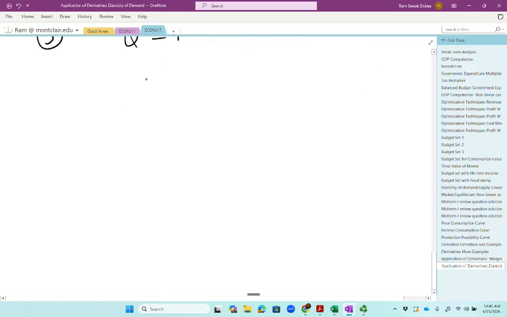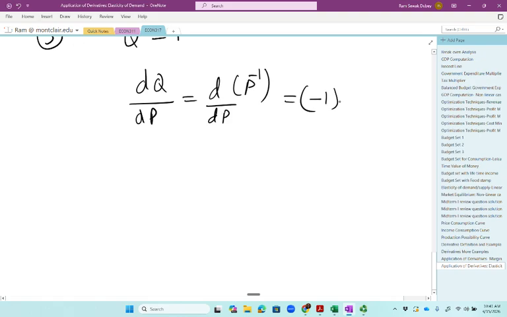Okay, so first find out the derivative of Q with respect to P, which is the derivative of P to the power negative 1. We know this will turn out to be negative 1, P to the power negative 2, or minus 1 over P square.